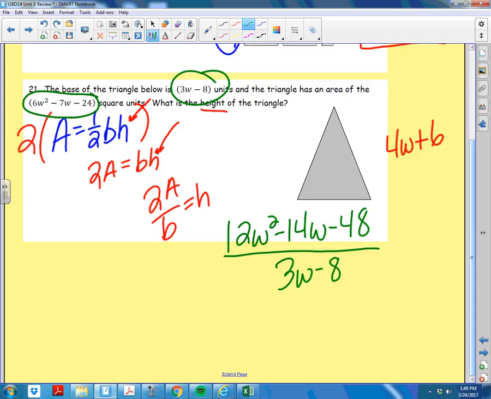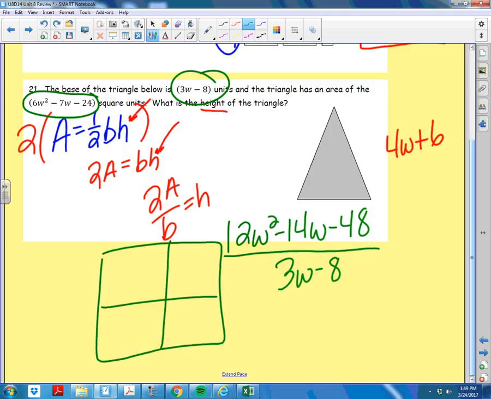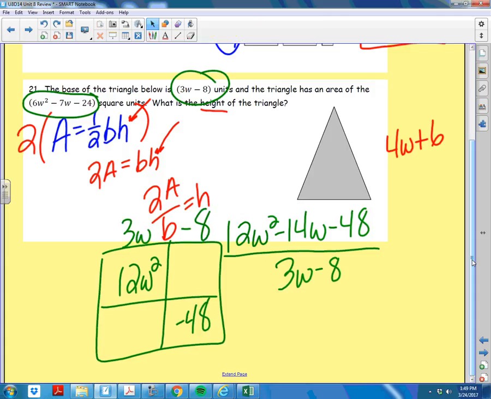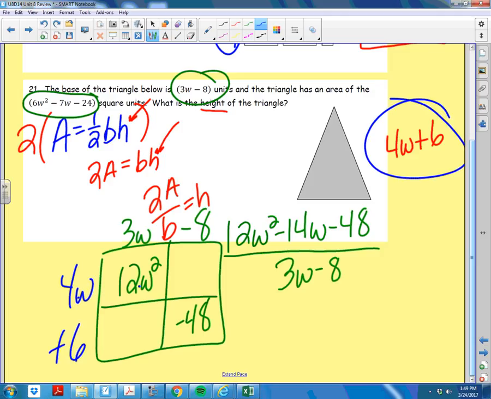And I showed y'all the other day, all you have to do now is fill in your box. 12w squared minus 48, 3w minus 8, and work your way backwards. This times what gets you that? 4w. This times what gets you that? Plus 6. Oh, that's your answer. That's why we teach you to manipulate equations, because sometimes it comes in handy.